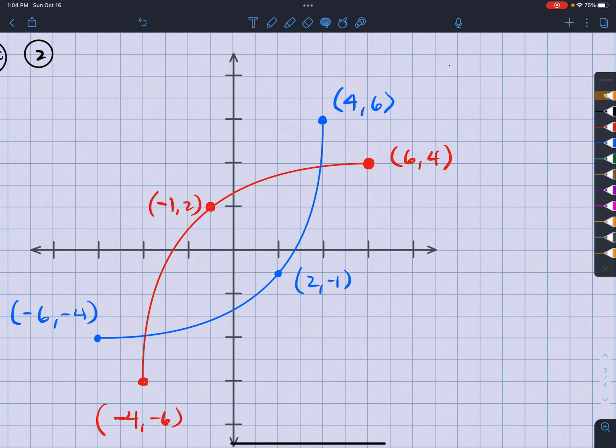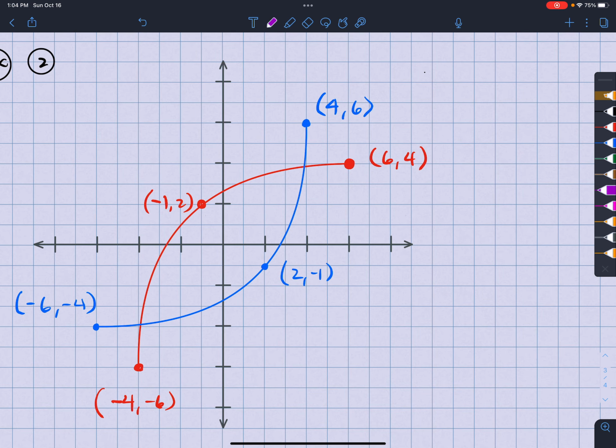All right, so there we go. So as you guys can see, when I plot that, now I have the inverse. Now, ultimate test. Let's take the line y equals x.